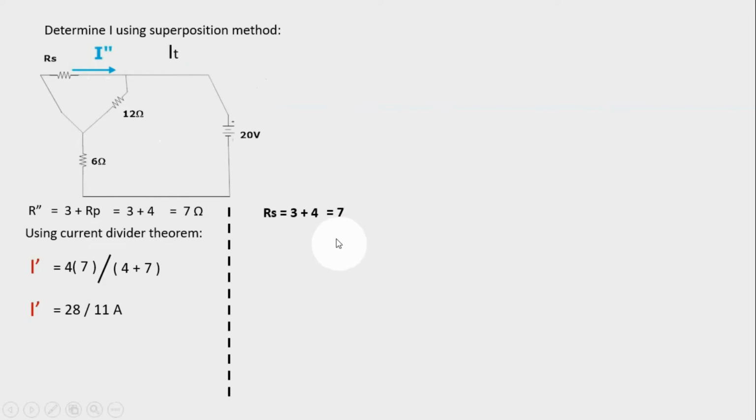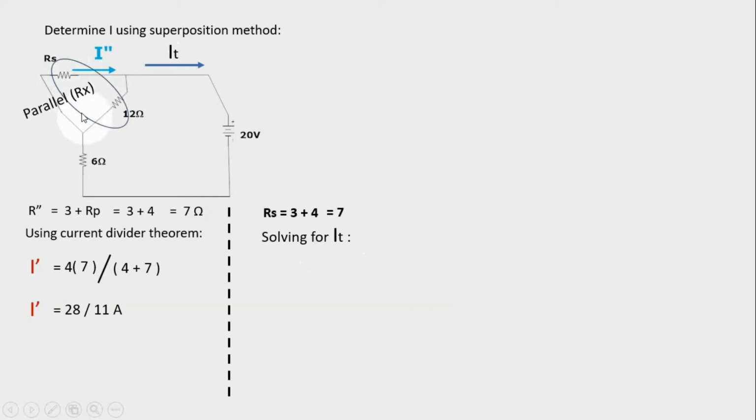Again, our total current is assumed to be here. So we solve for IT in the direction of this arrow. Again, this is in parallel.